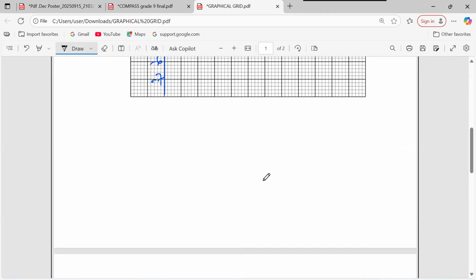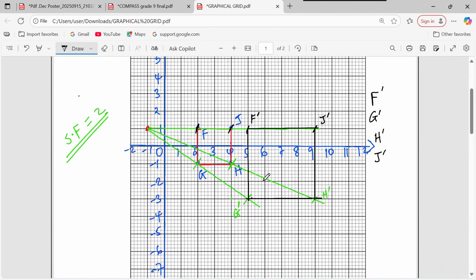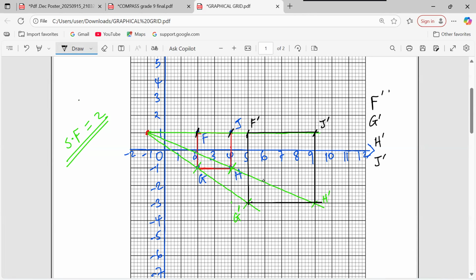F prime, let me come up with it. F prime, the coordinate is 5, -3, as you can see. Then g prime, 5, -3.